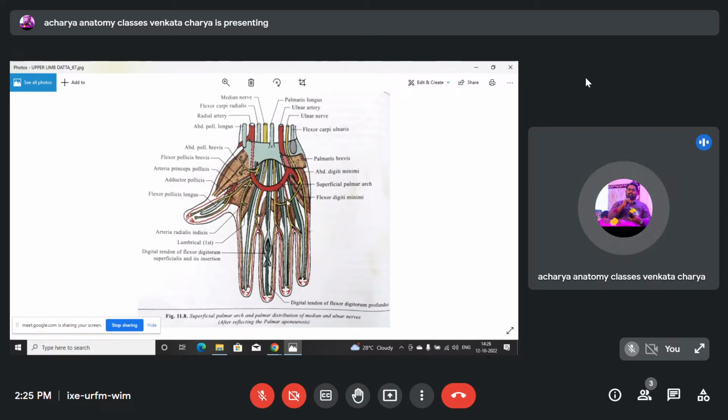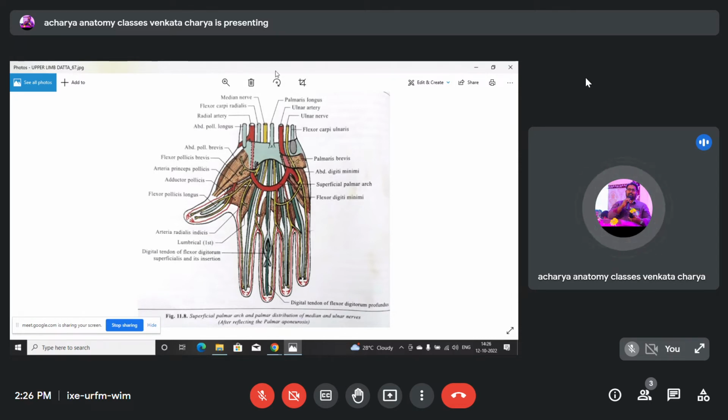Sorry, three common distal arteries, not nerves, and one proper distal artery. Okay. Next, each common distal artery bifurcates and gives 6 proper distal arteries. Are you getting?